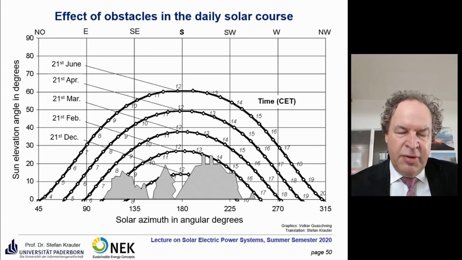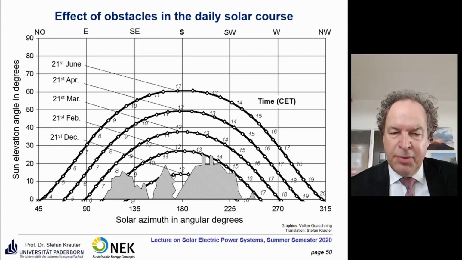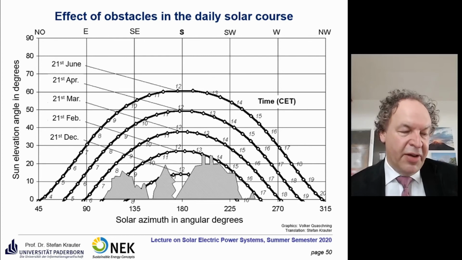In 21st of February, that's a little bit better, so we have about 80–90% of the day without obstacles. But if we do really accurate calculations, estimations of the energy yield, we should consider that. And as I mentioned already, after April, we don't have any problems with that.